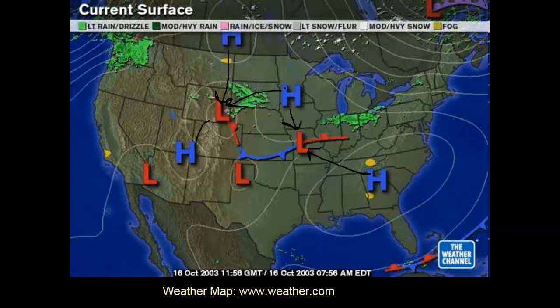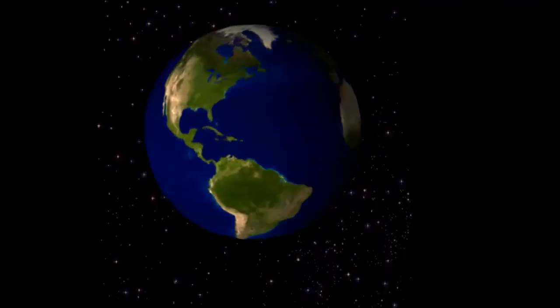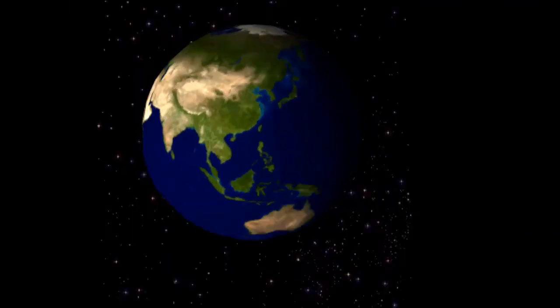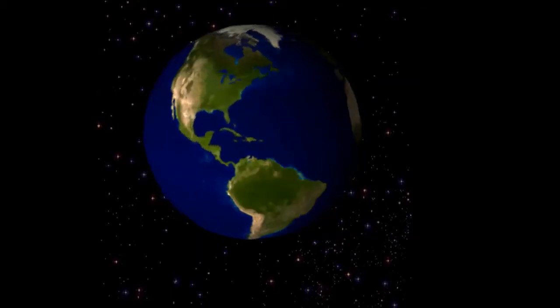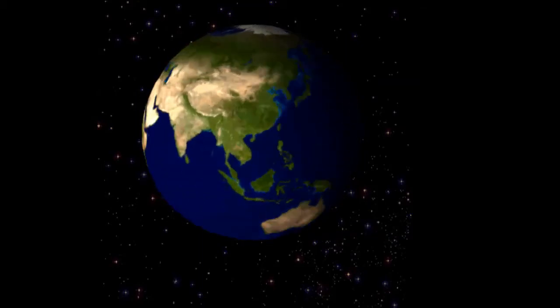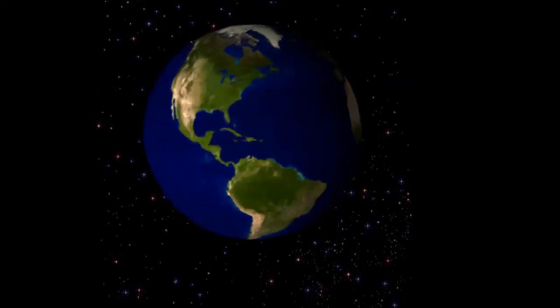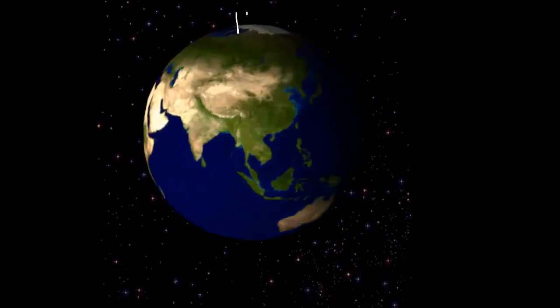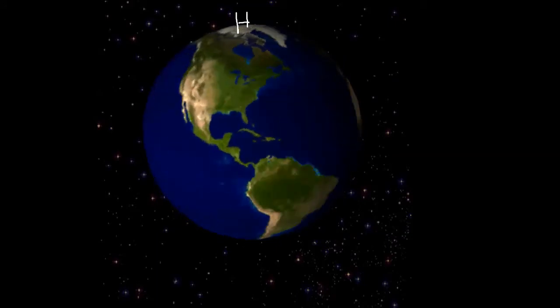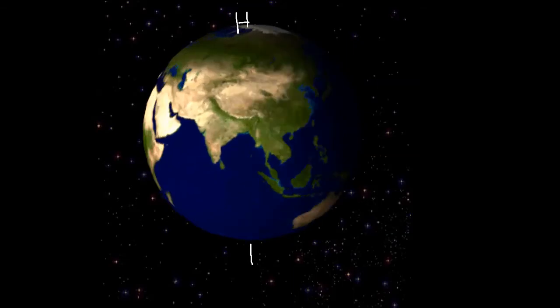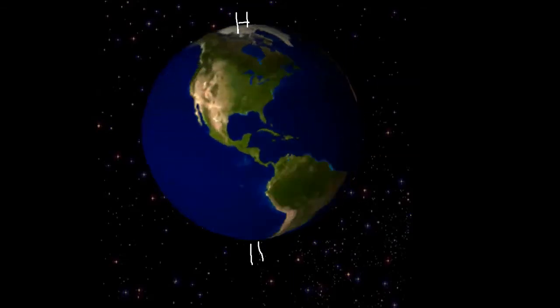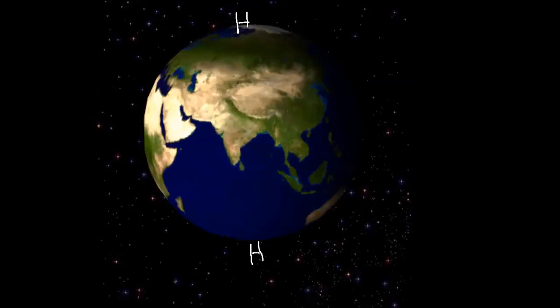So we can see this idea happening here on a small scale, but it also happens on a very large scale on the entire Earth. So speaking of the entire Earth, here we have the entire Earth. Basically what we have is the idea of high pressure at the poles, H for high pressure here at the North and South Pole, because that's where it's cold.